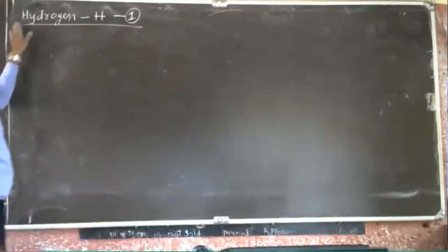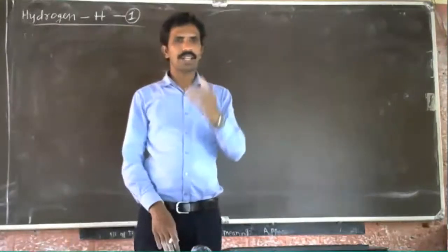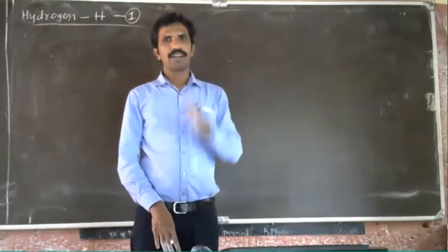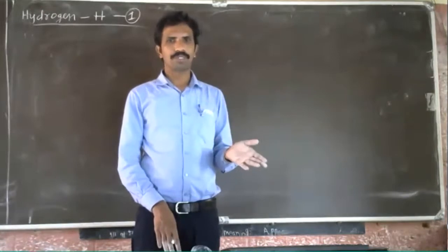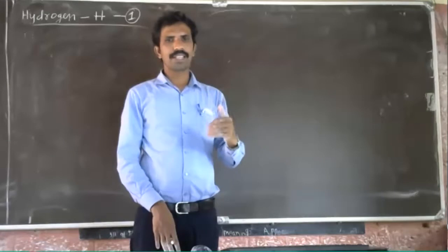Before writing the electronic configuration of elements, we should know some rule. There is a rule for how the electrons are occupied in the subshells of the atom. K has an s subshell.